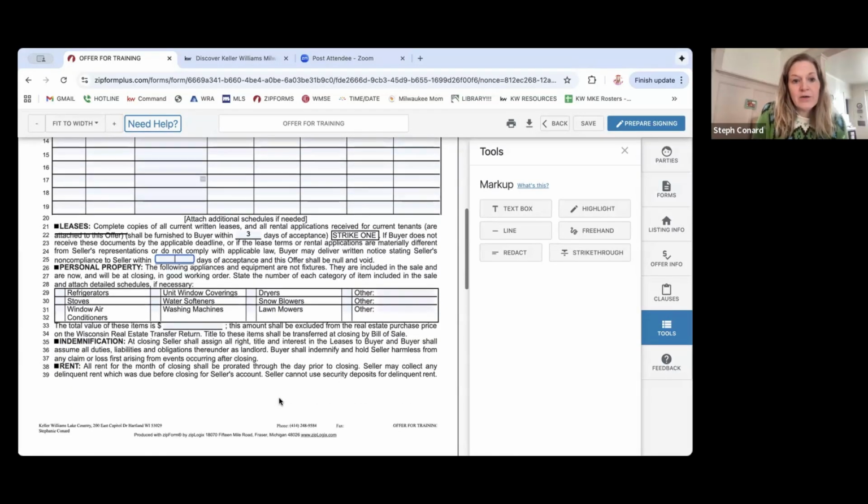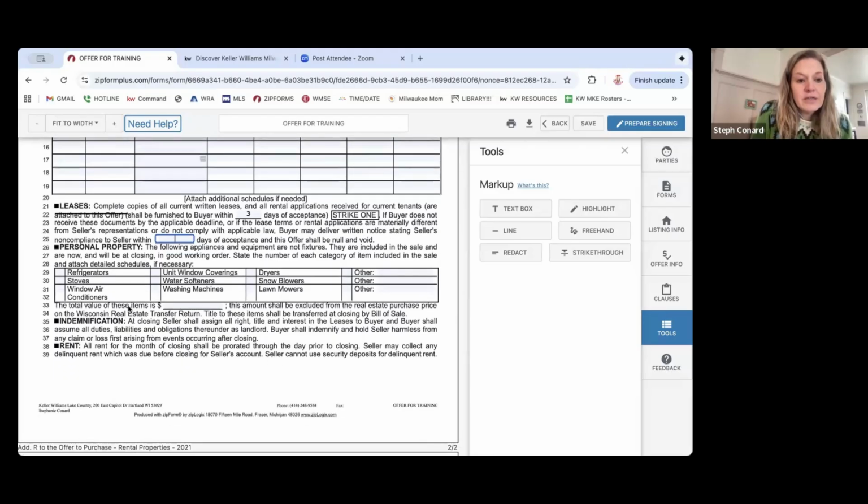Personal property, so we can outline all of the different appliances, etc. So, if it's just a 2-family, we can assume 2 refrigerators, 2 stoves, maybe there's only 1 washer and dryer, etc. So we can name it in the offer to purchase itself, but then we can also use this as well.